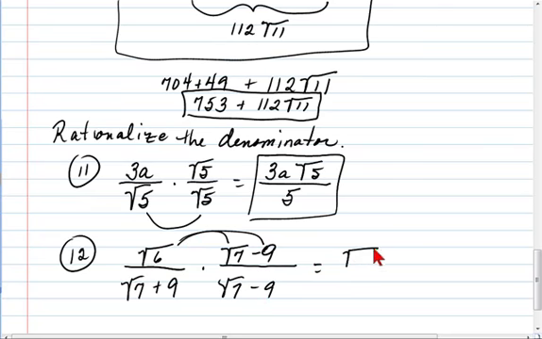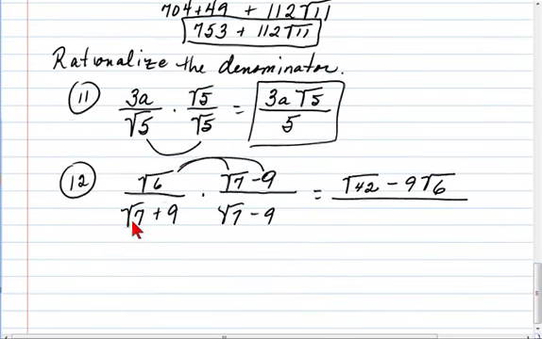That gives me the square root of 42 minus 9 times the square root of 6 over, I'm going to multiply the denominators, and those are conjugates. Square root of 7 times the square root of 7 gives me 7. 9 times 9 gives me negative 81. 7 minus 81 gives me negative 74.